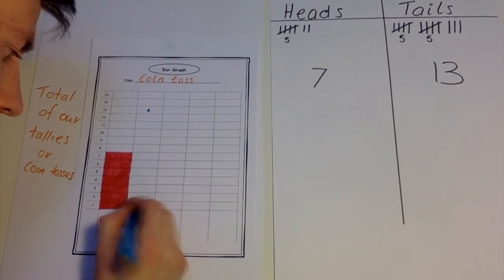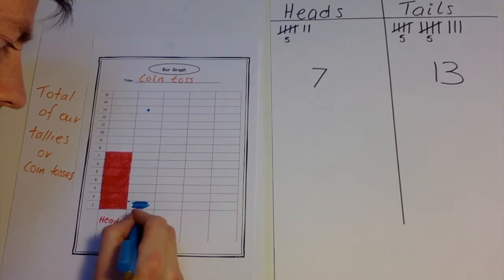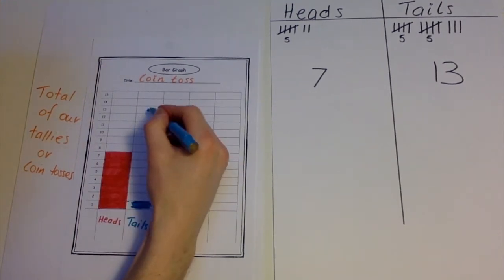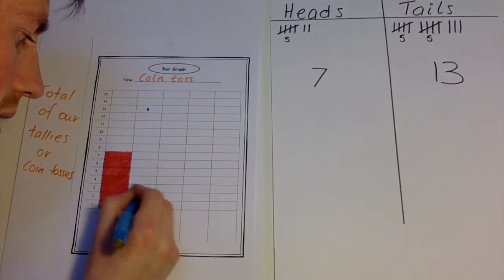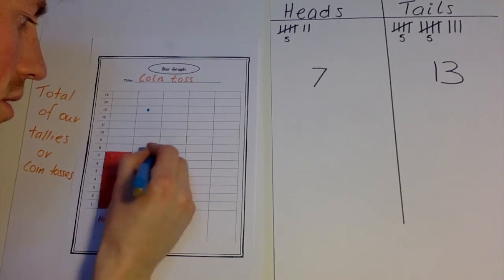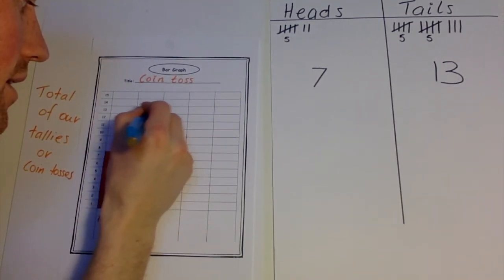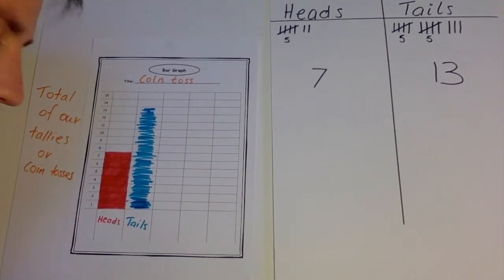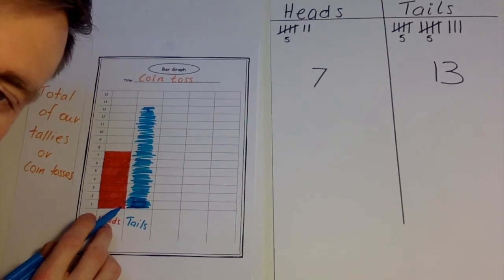Then you can colour in all your little squares, or your little rectangles, up until 13. You might want to do it a faster way, but making sure you do yours nice and neat. So I'm just going to continue to draw.